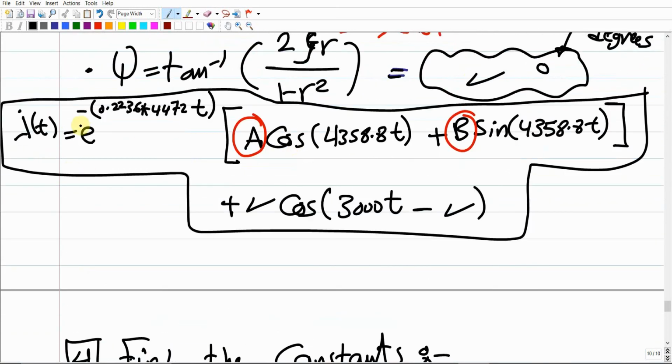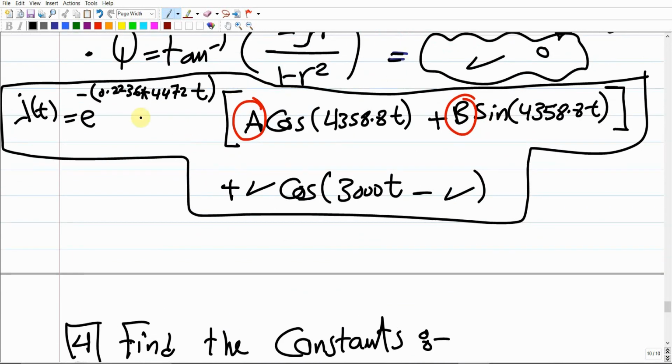For example, if I plug t equals 0 into the I equation and set it to 0, since the exponential of 0 is 1 and cosine 0 is simply 1, this is going to give us A. Sine 0 is 0, so that term is cancelled, plus the steady-state amplitude I times cosine of omega t minus psi, which at t equals 0 is cosine of negative psi.